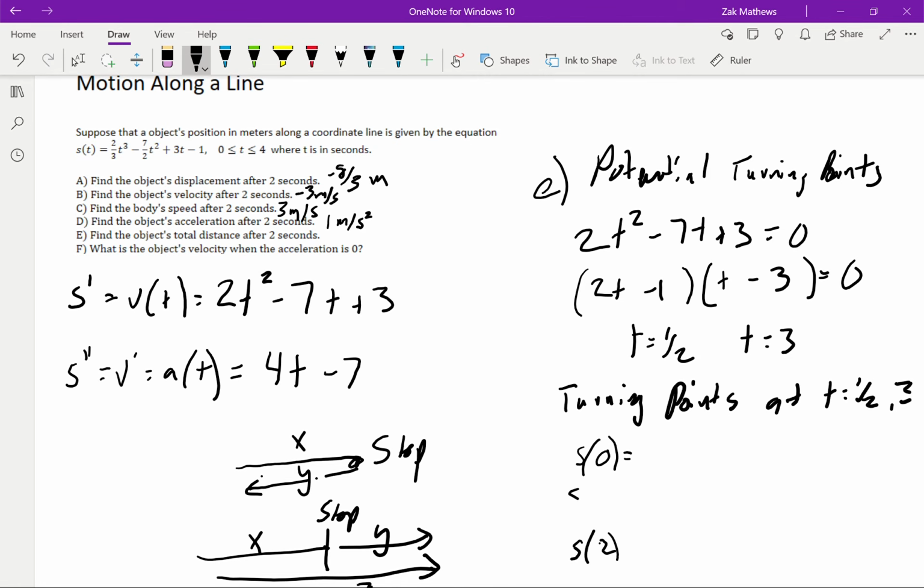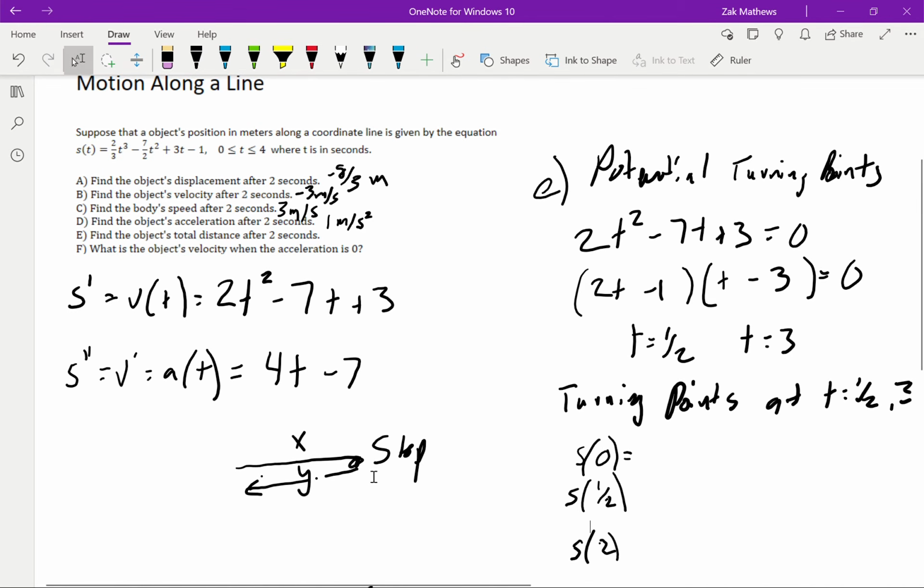But I also need to know this position at 1/2, because this is, again, this top example here where I've gone a certain amount of distance, I turn, I've come back, I've erased the displacement, I've reduced the displacement, but the distance, I need to add both of these chunks. So I need to figure out how far did I travel here, and then how far did I travel here. That's what I'm looking for. I'm going to essentially take displacements over both of these intervals.